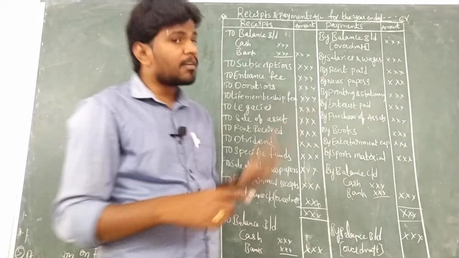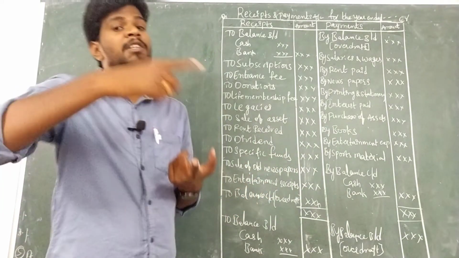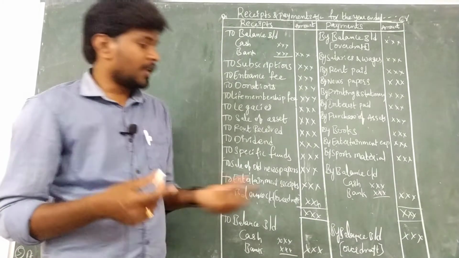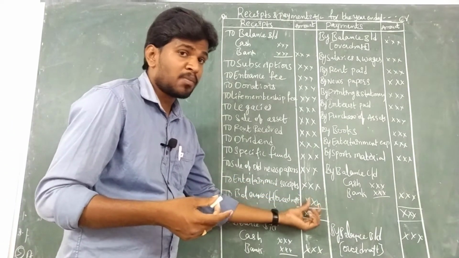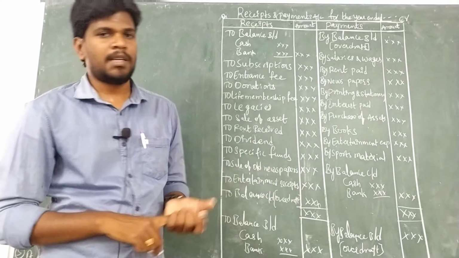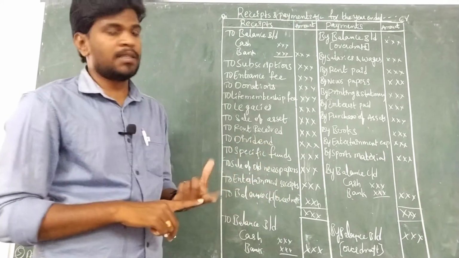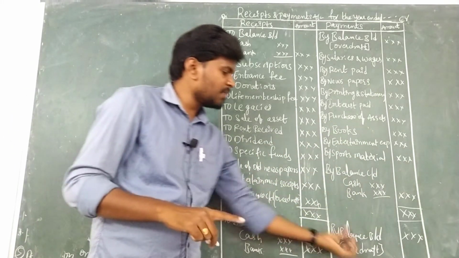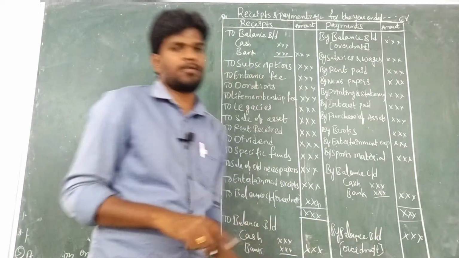Credit side greater means only the bank payments are greater. That's why the difference amount is treated as the bank overdraft balance. That is also carried forward to the next period, then by balance brought down, overdraft.